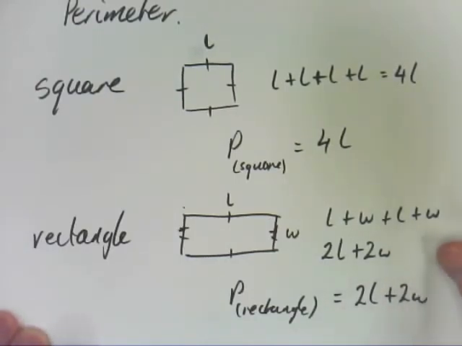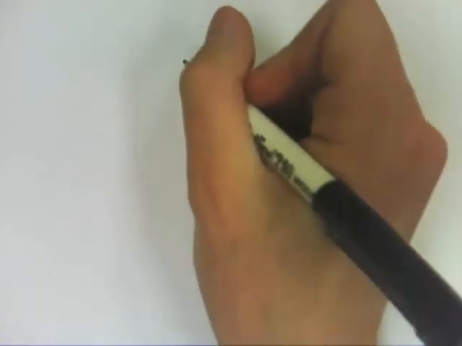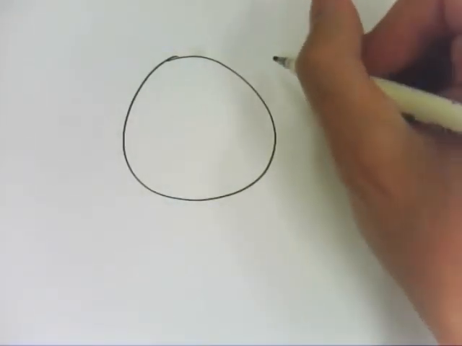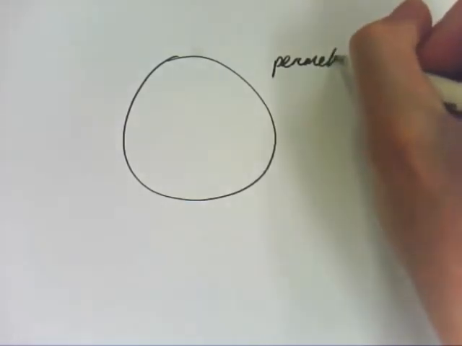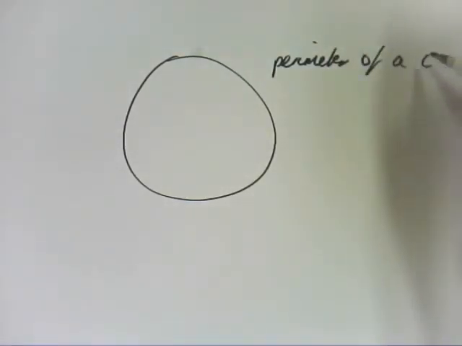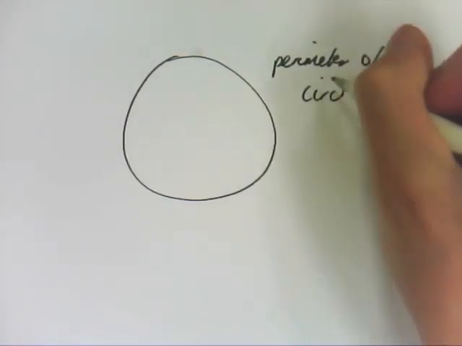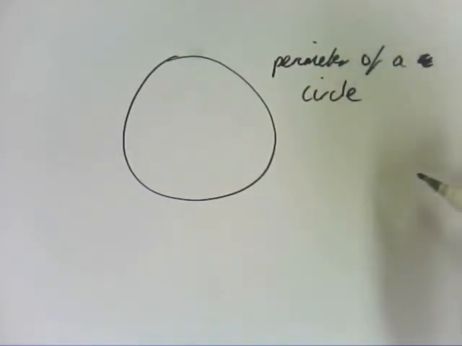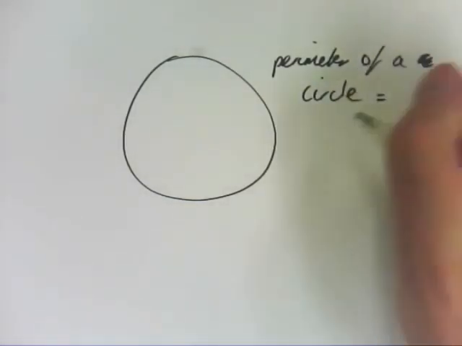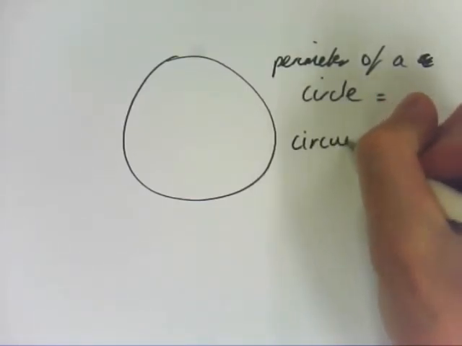There is one more important perimeter rule that we need to cover, and that is for a circle. Okay, now the perimeter of a circle is not called perimeter, it's called something else, and that's called the circumference.